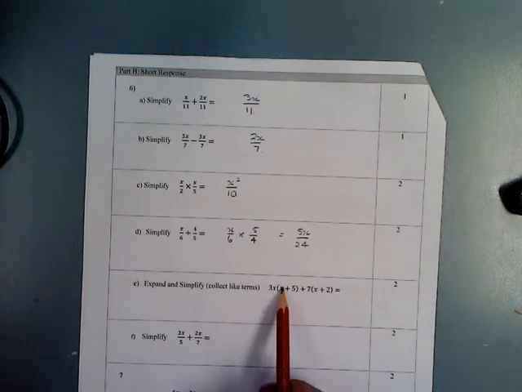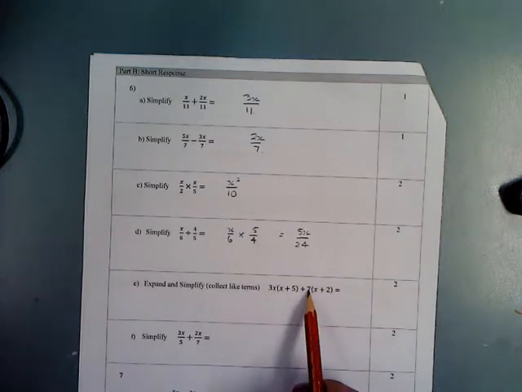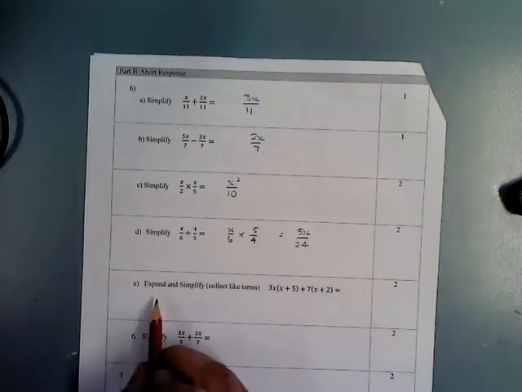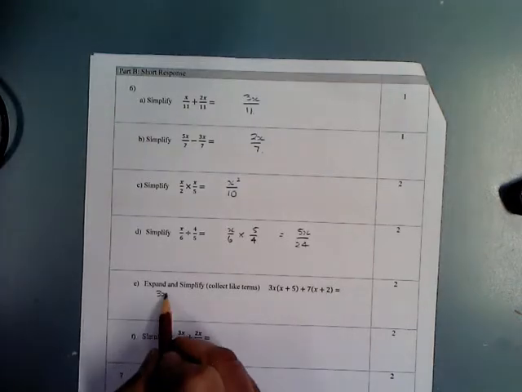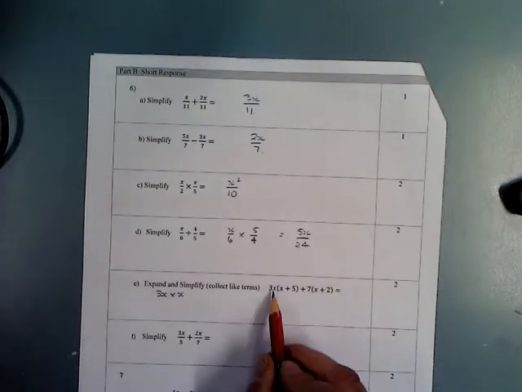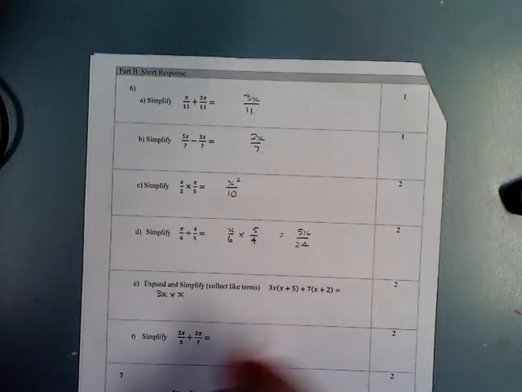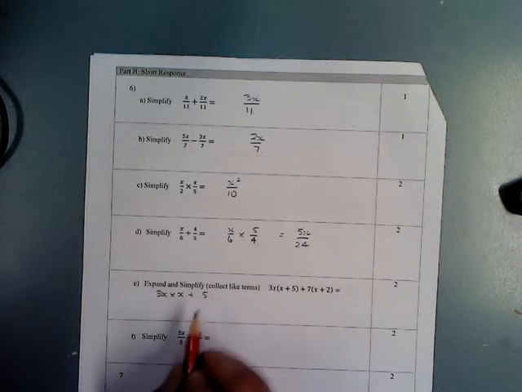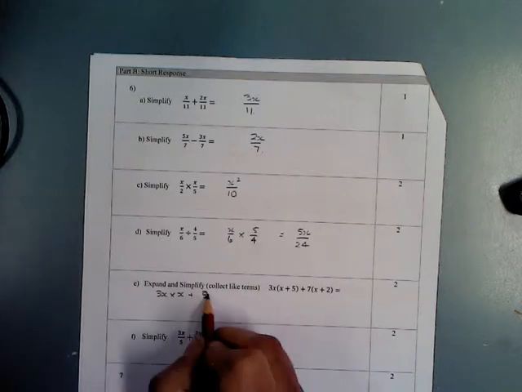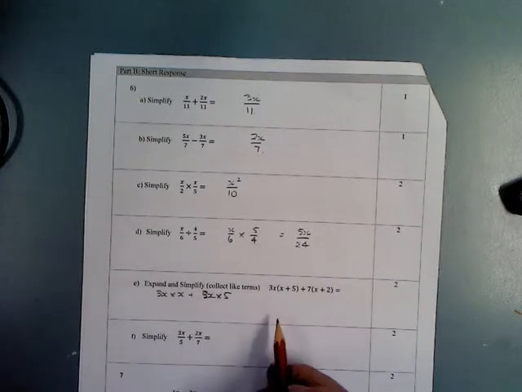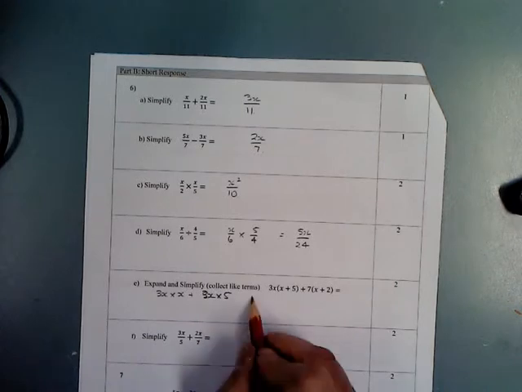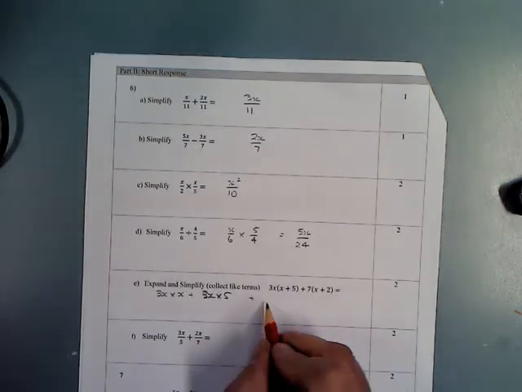So by expanding this, we have 3x times x, and then we have 3x times 5. Then we have 7 times x plus 7 times 2.